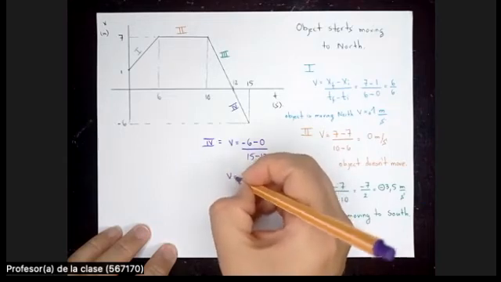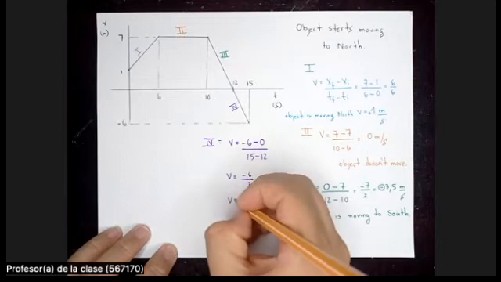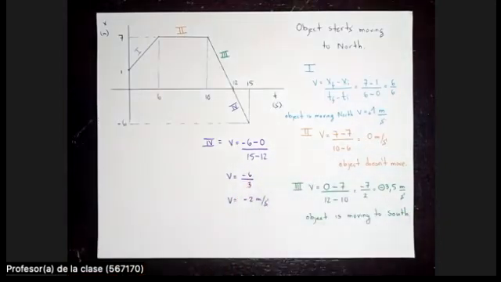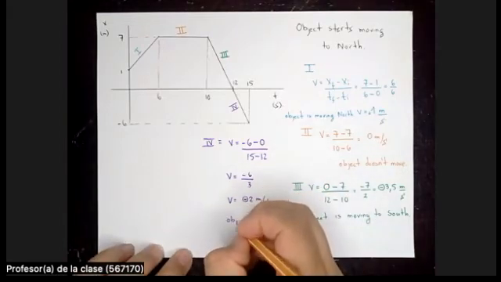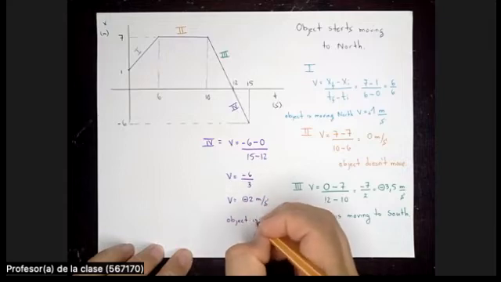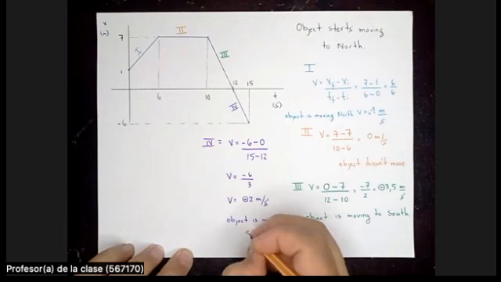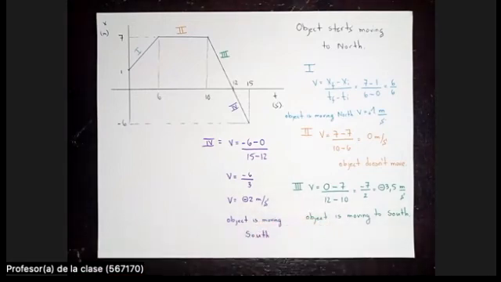So the velocity is going to be minus 6 divided by 3. And that is going to be minus 2 meters per second. And of course, the object is moving to south.